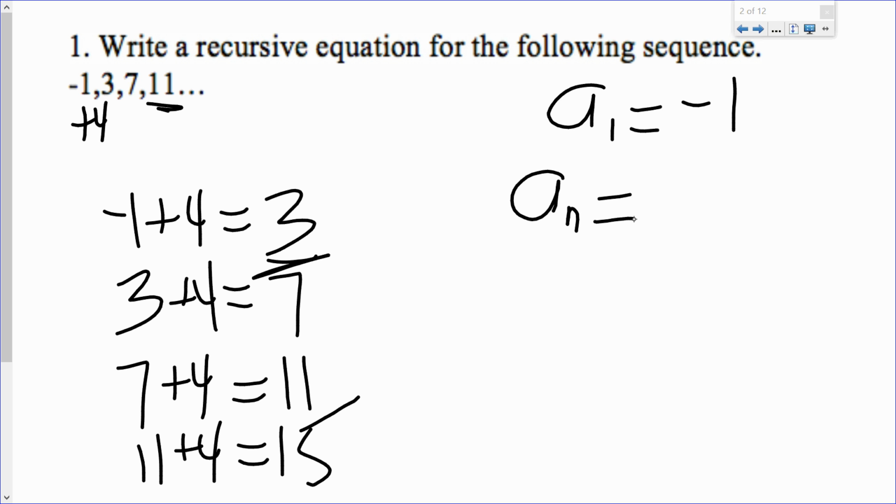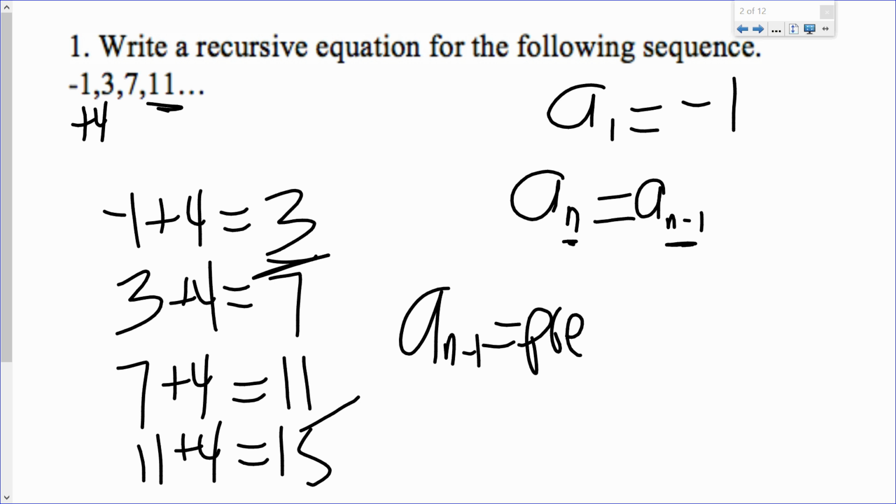And I am taking the previous term, and in this case, adding 4 to it. So the previous term would be represented by a n minus 1, because n minus 1 comes before n. A n minus 1 means the previous term.